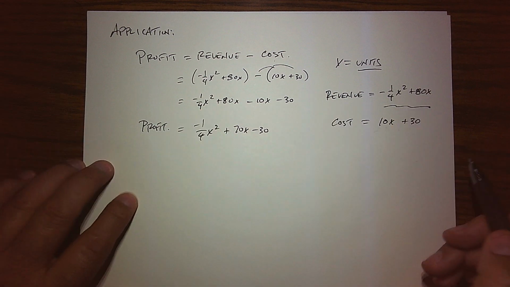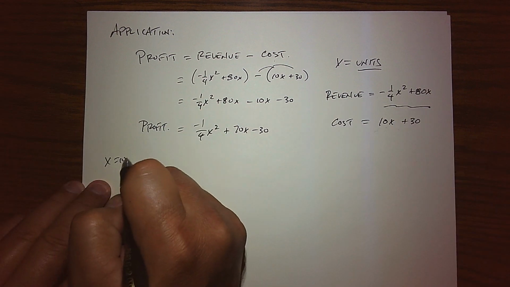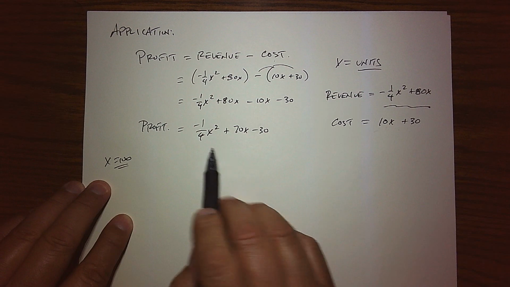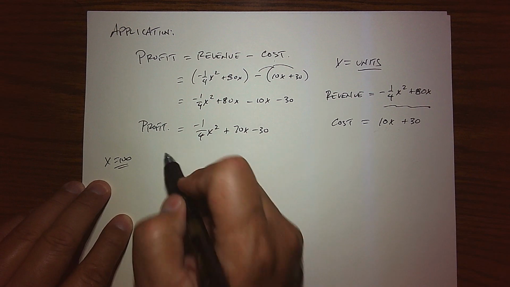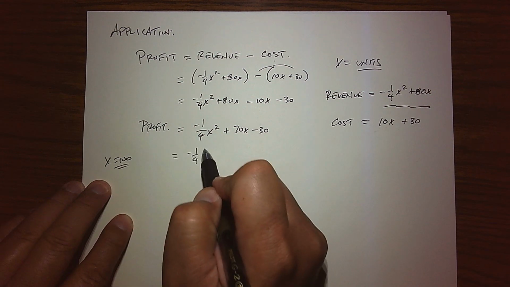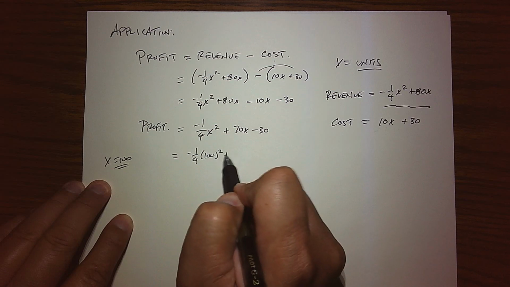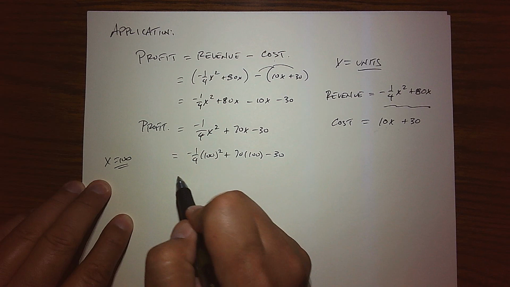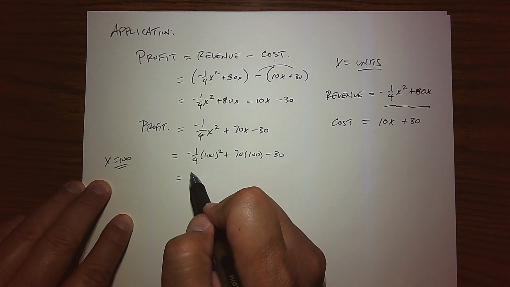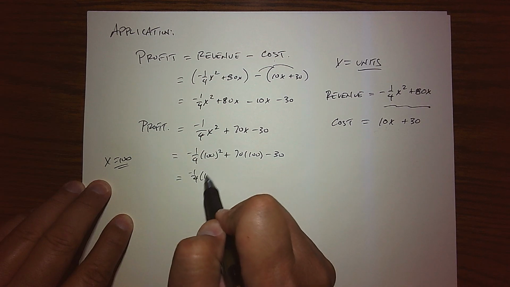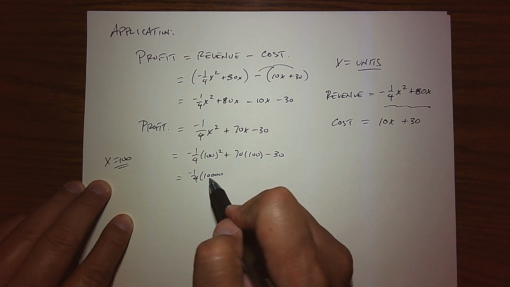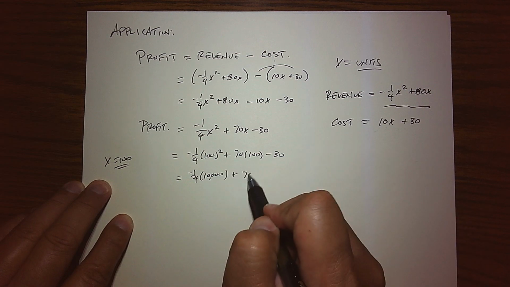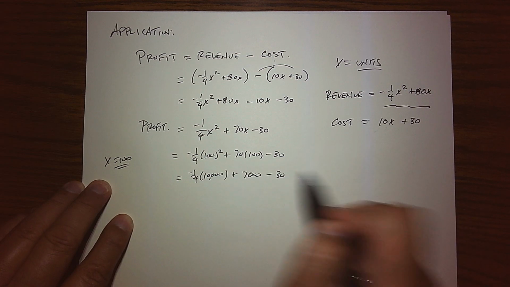So if I wanted to know, let's say we wanted to make 100 units, then I would basically plug that into this formula. So now we're doing some evaluation, and I think this is negative 1/4 times 10,000, and that's negative 2,500. Plus 70 times 100 is 7,000, minus 30.